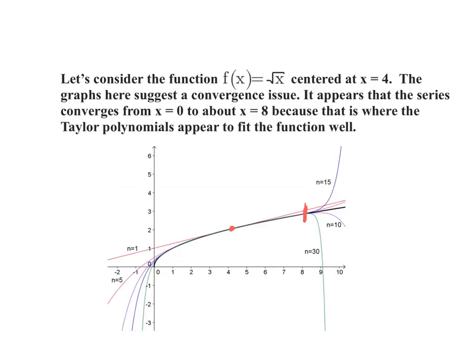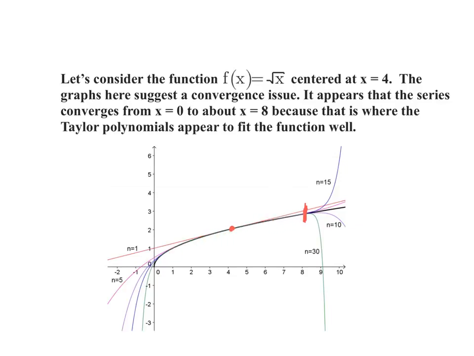diverges. Okay? Now, from here to here, this is going to have a term for it. This is called the interval of convergence. And so our interval of convergence would be from 0 to 8. Now, at 0 and at 8, we're not sure yet whether it converges or diverges at those particular numbers, but we do know in between them that it converges because it models that function very well.